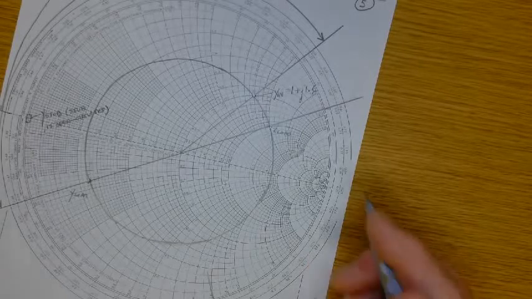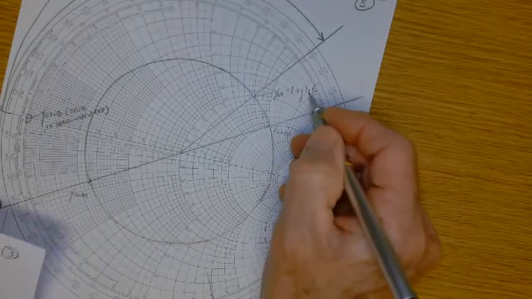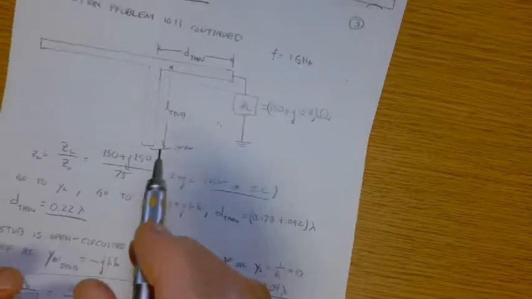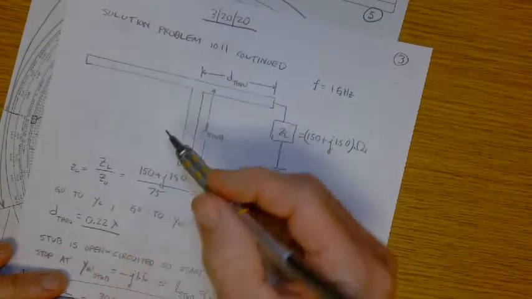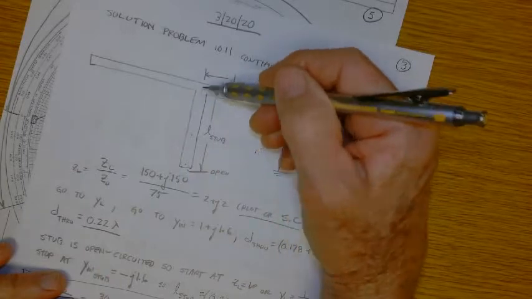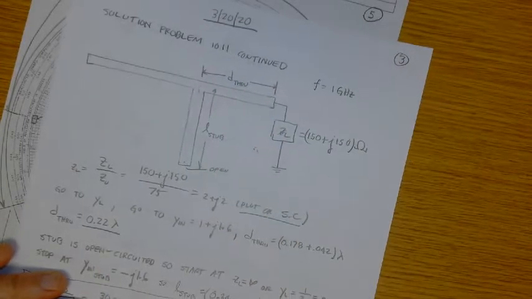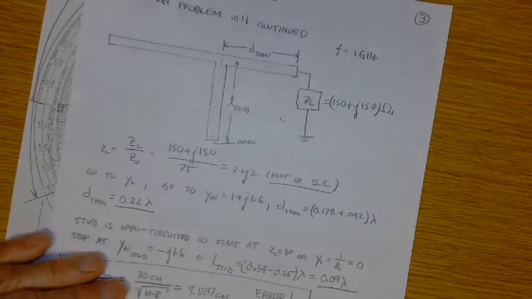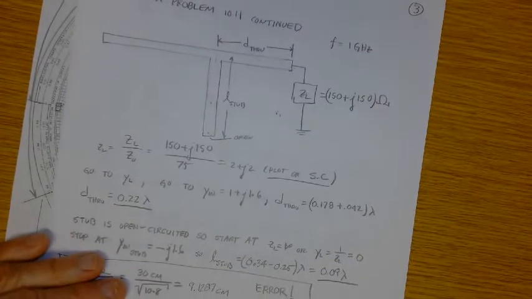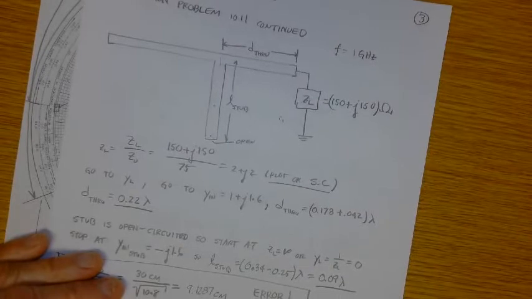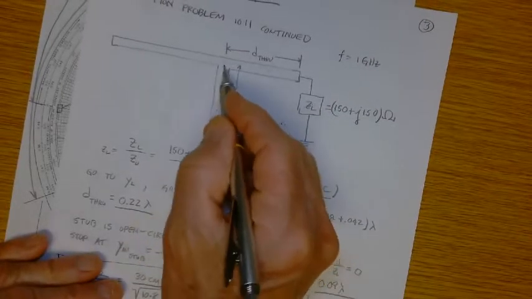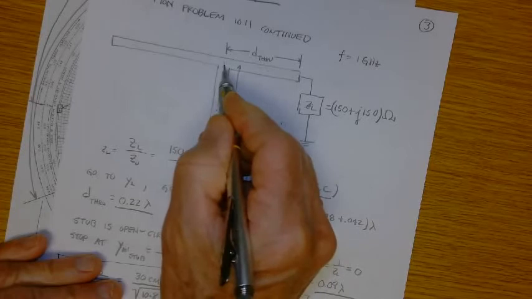And so how do I get rid of the plus J 1.6? I put this stub in parallel with the line, and I want to make sure looking into that stub is minus J 1.6, right? Because 1 plus J 1.6 minus J 1.6 is 1. So then little y in here is 1.